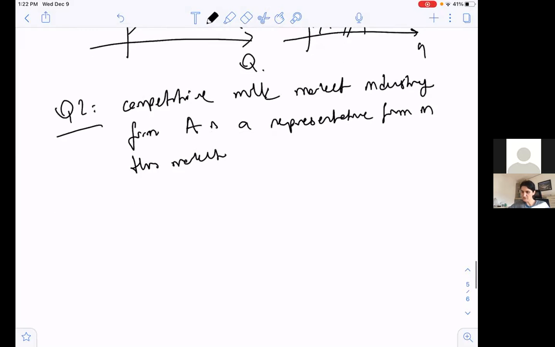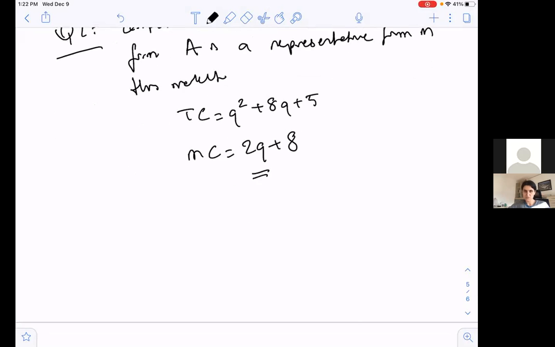Assume that firm A's total cost and marginal cost are as follows. Total cost is Q square plus 8Q plus 5. Marginal cost is 2Q plus 8. Small q is the representative firm's output level, and the market price is 50.